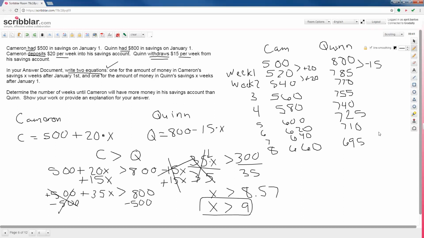Oh, 695 should be week 7. My chart got a little bit smushed. Then we're down to 680. So now you see Cameron's pretty close to Quinn, but still below. When you hit week 9, that's where the shift happens. Now he suddenly has more money than Quinn. So you're looking for that change.